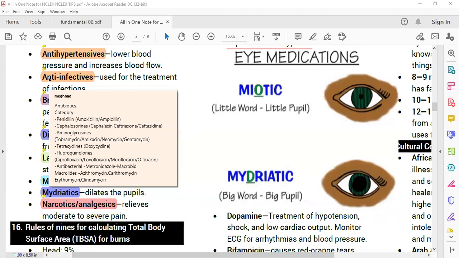Another group of drugs we wrote here is macrolide. Macrolides like azithromycin, clarithromycin, or erythromycin.